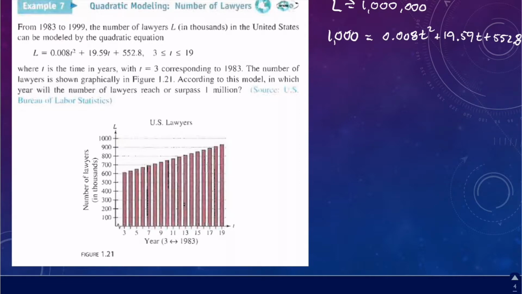So if we subtract 1,000 from both sides, I'm going to subtract 1,000 from 552.8, and I get negative 447.2.